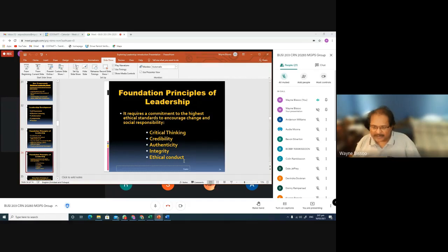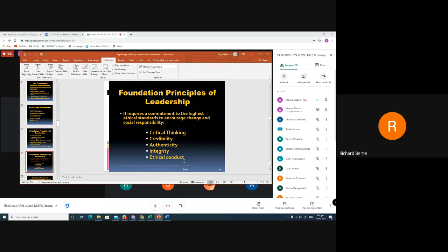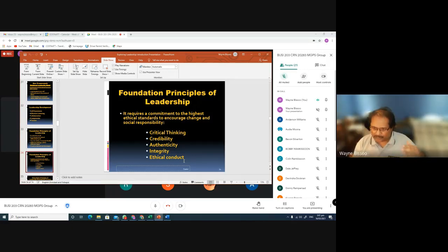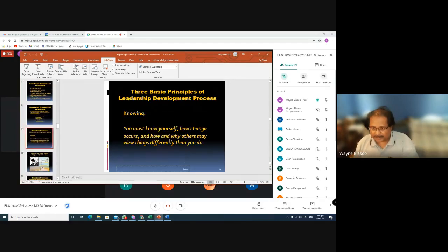And integrity is a combination of your credibility and authenticity. Integrity is the value system and structure. So the three of them are related. Yes, you'd agree with that? And underlying all of that is your ethical behavior. All right, your ethical conduct. And your ethical conduct is going to be shaped by your value systems, which we'll come into in a little bit.